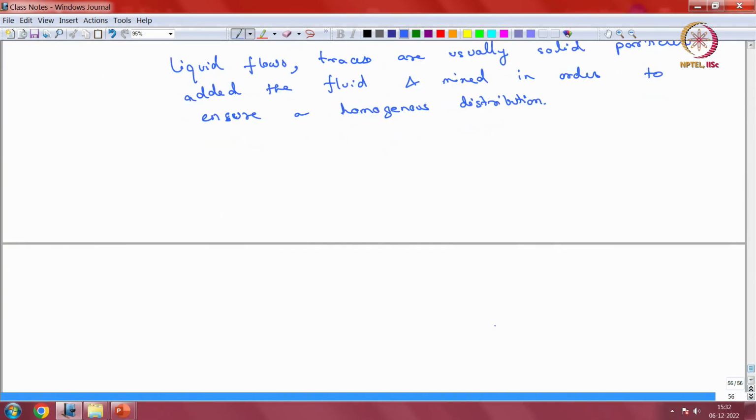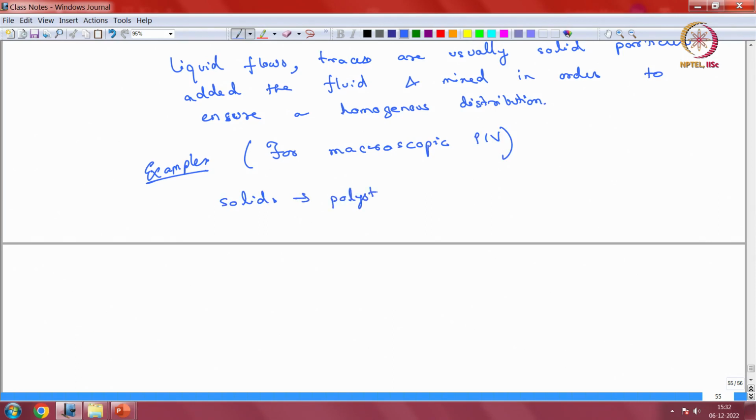Now, examples of this for macroscopic PIV. Examples of solids are polystyrene particles, sometimes between 10 to 100 microns.